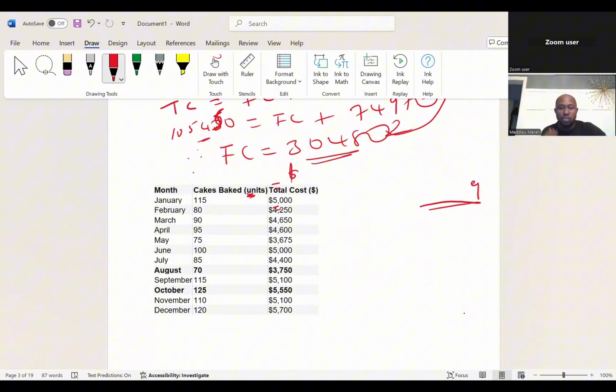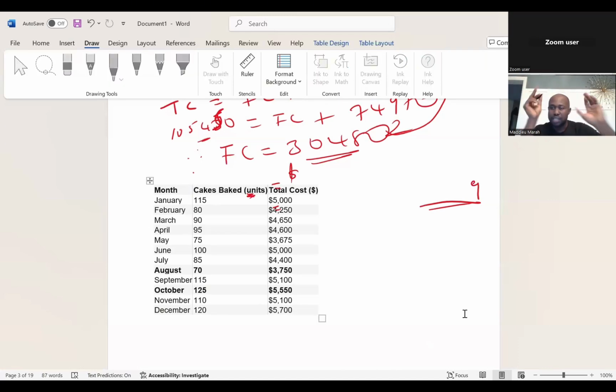We are asked to determine our total cost, our variable cost and fixed cost. So my objective first, my step one, is to identify the high activity and low activity, and trace them to their amount, total cost. My second step is to find the difference. So let's go as we keep along.